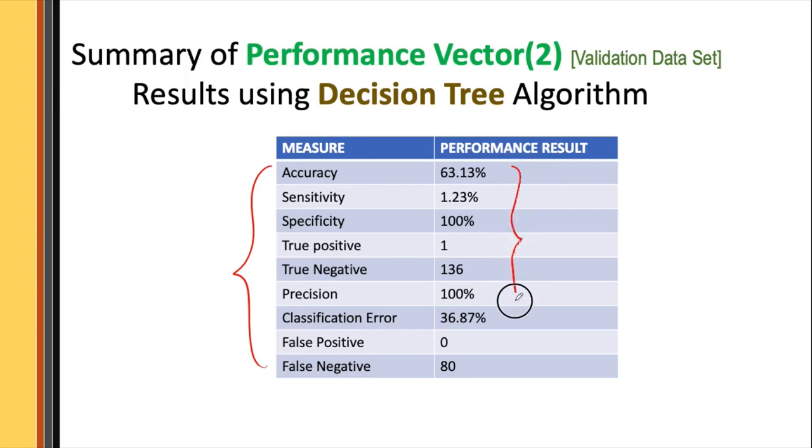Again, these are the measures of accuracy, which indicates that the higher the better, while these are the measures of error in which the lower the values, the better. All you have to do is to compare it with the performance vector 2 or the performance of the validation dataset.